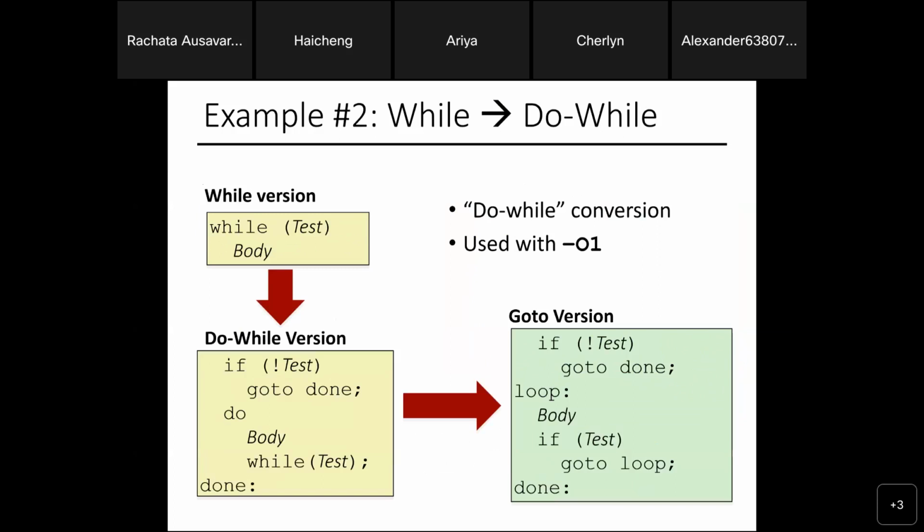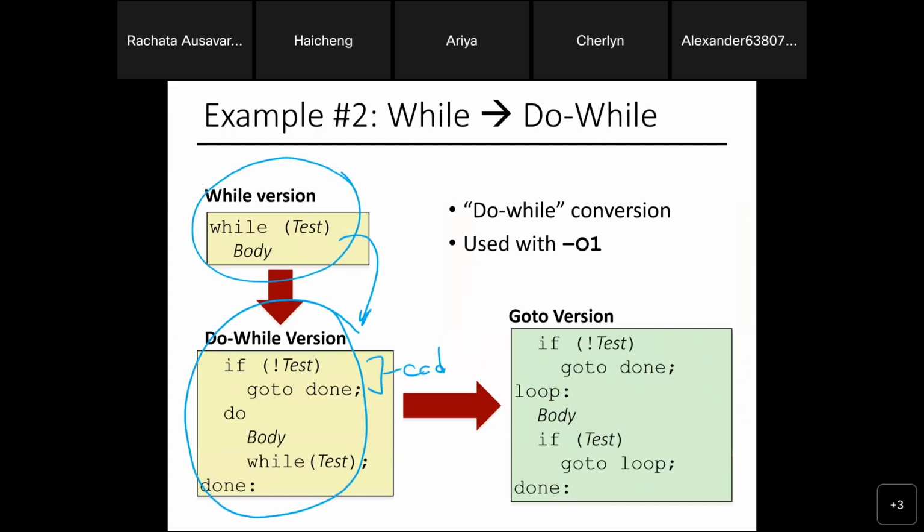So over here, you can convert a while loop to the do while, right? Instead of doing jump to the middle, one thing you can do is condition check, then here's the loop. So this is an alternative to jump to the middle.